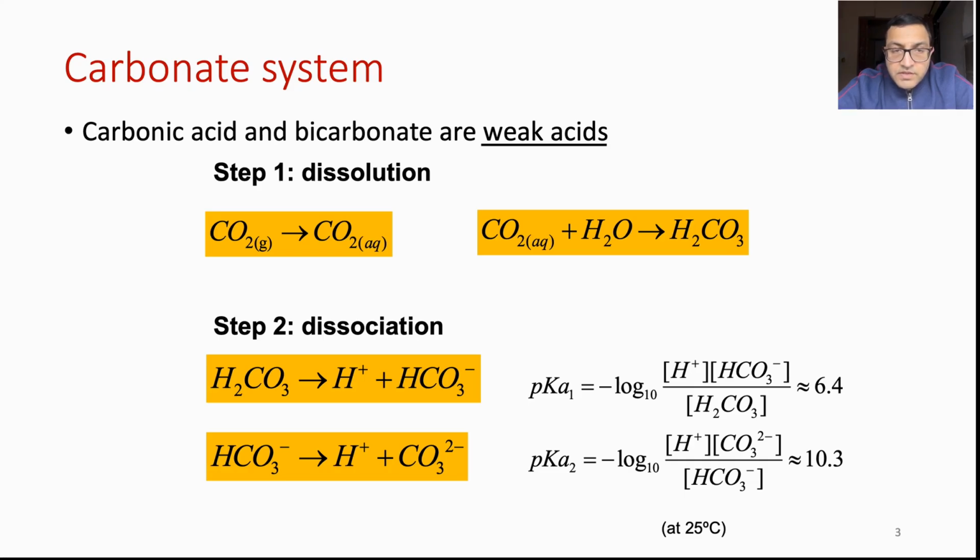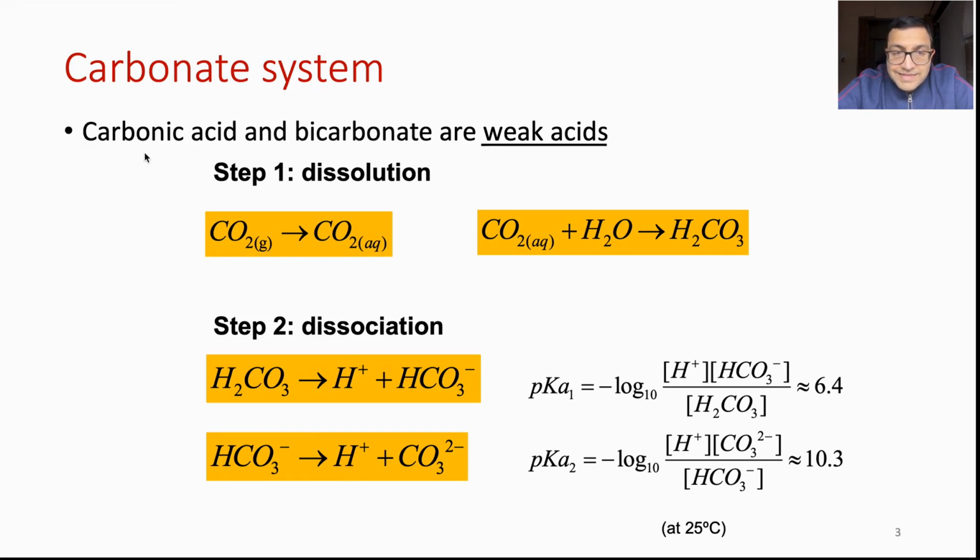Okay, first the carbonate system. Carbonate system starts with the dissolution of atmospheric carbon dioxide to aqueous carbon dioxide. And when the carbon dioxide reacts with water, it forms carbonic acid.